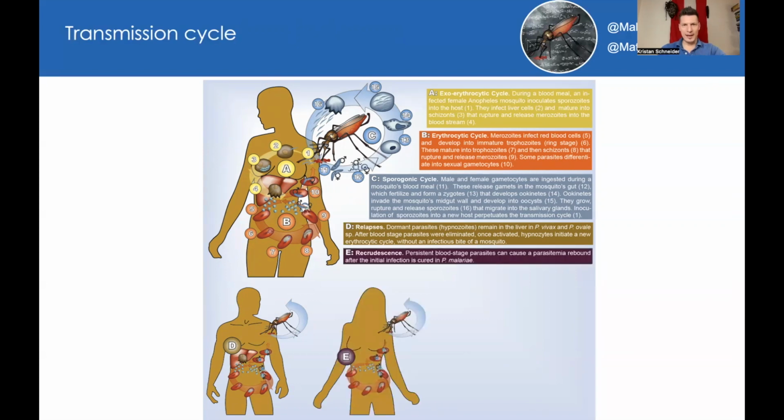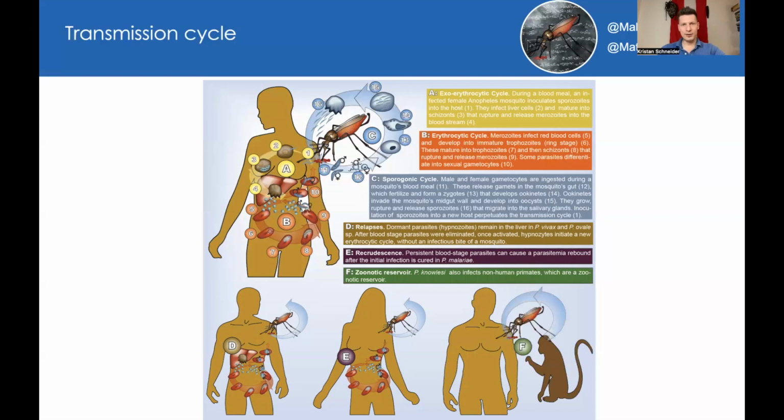In Plasmodium malariae, hypnozoites do not exist. However, some of the blood stage parasites also fall into dormant stages, which might be activated years after the initial infection was cleared and cause a recrudescence of the infection.